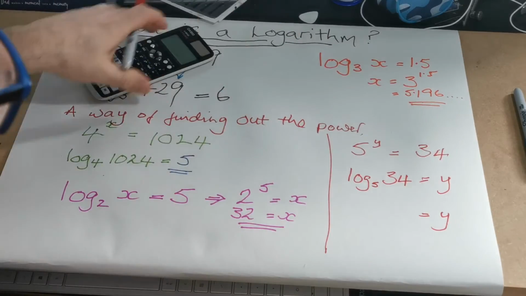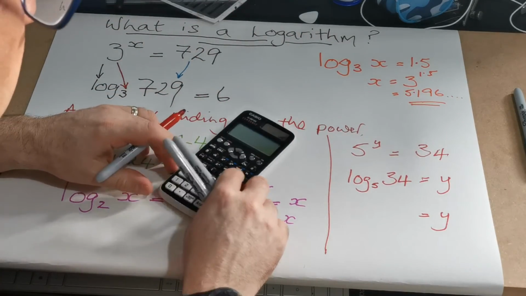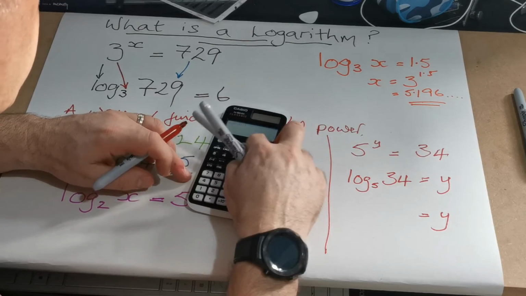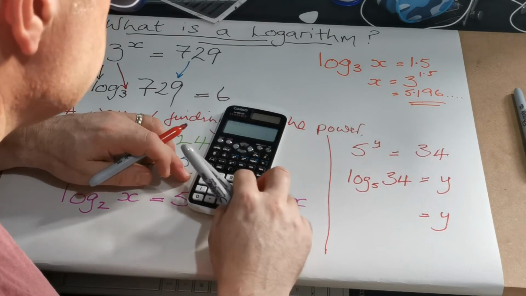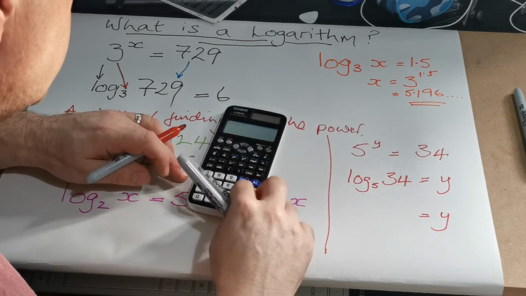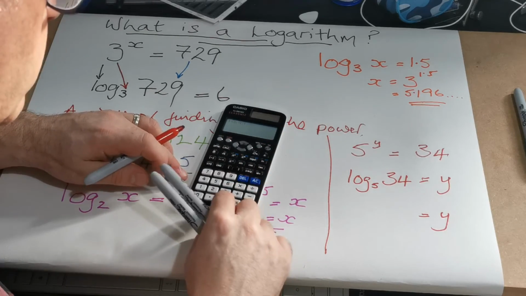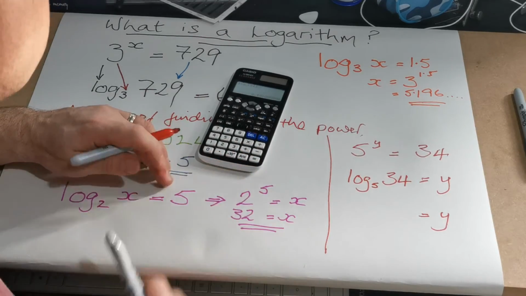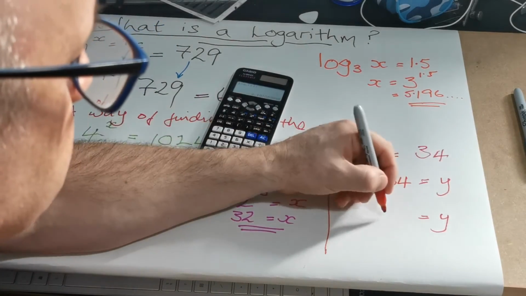So y is equal to log to the base 5 of 34, which is equal to 2.191.